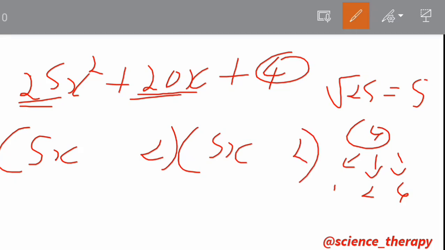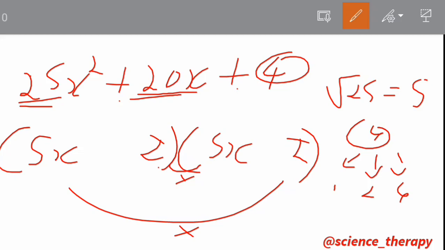So if we say 2 and 2, we understand that 5 times 2 is 10, and also 2 times 5 is 10. So that's going to give us 20, right? So 5 multiplied by 2, that's 10, and 2 multiplied by 5, that's 10. So 10 and 10 gives you 20x.